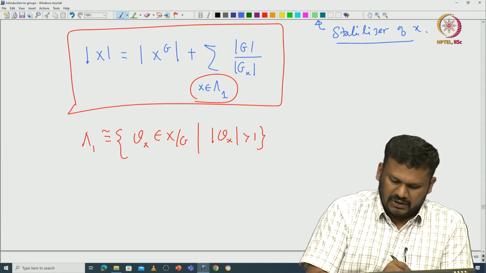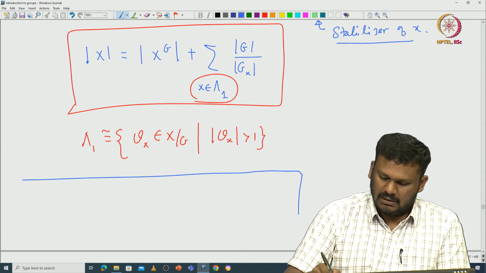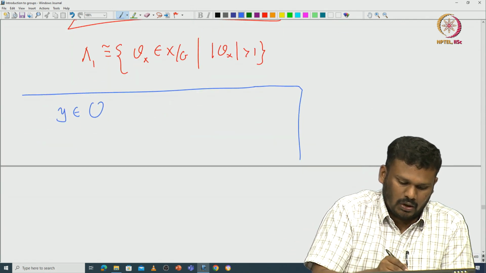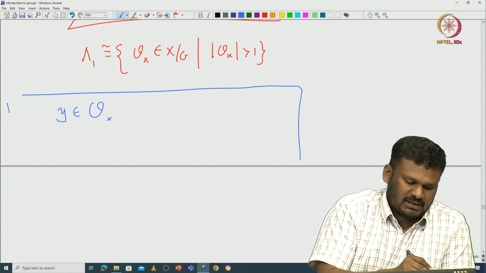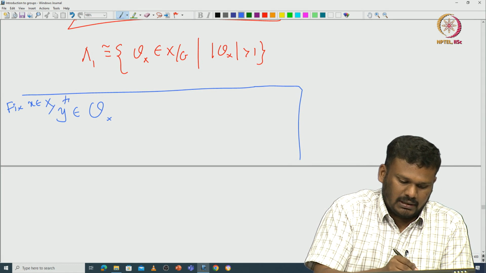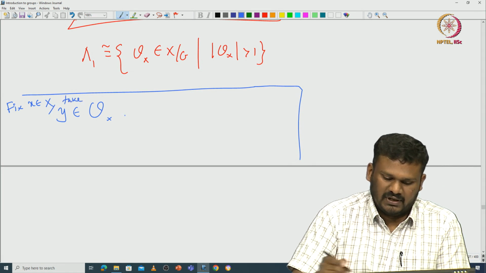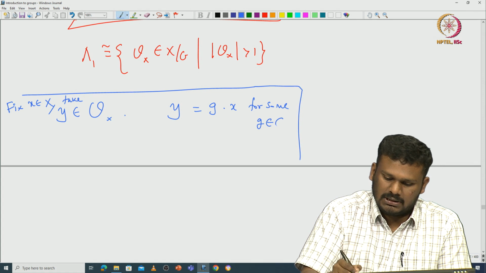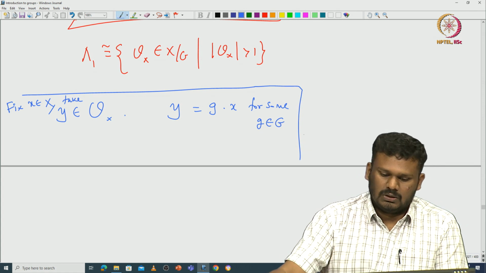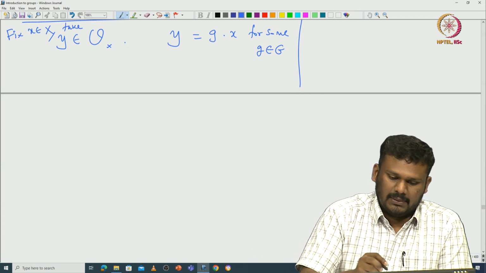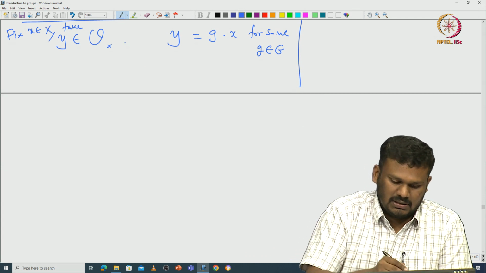For example, we can take some element in the orbit itself. Let us say some y is in the orbit of x. So, fix x in capital X and then take this y in the orbit of x. In particular, y can be written as g dot x for some g in capital G. Now what we want to do is relate the stabilizer of x and the stabilizer of y.